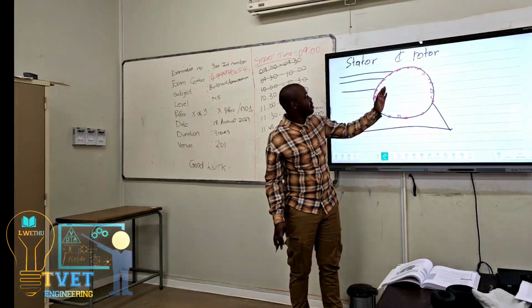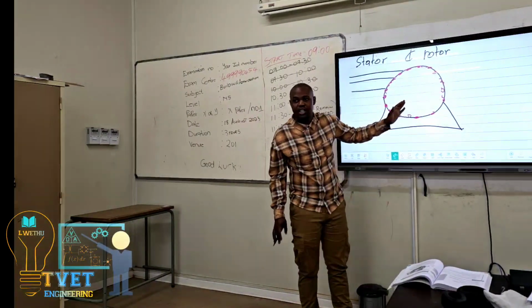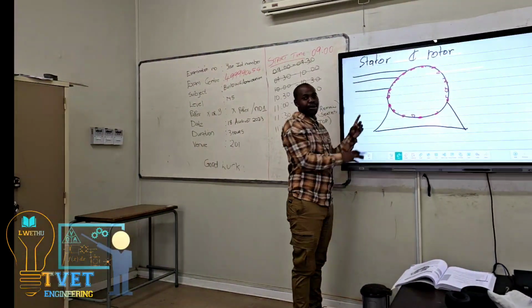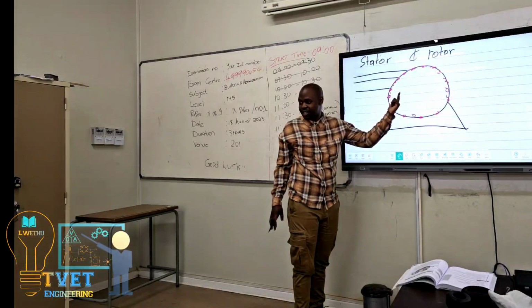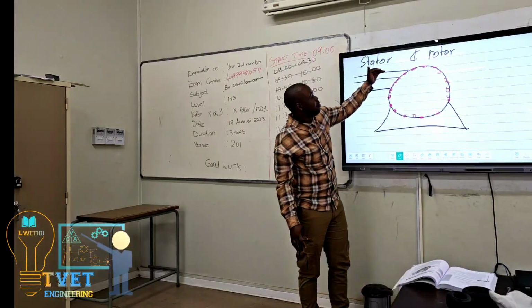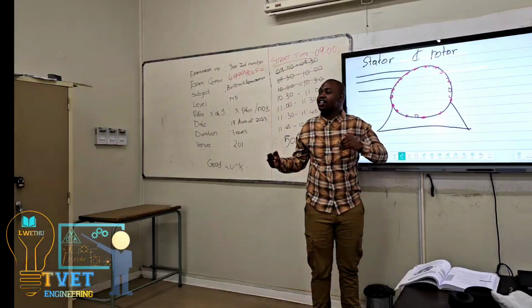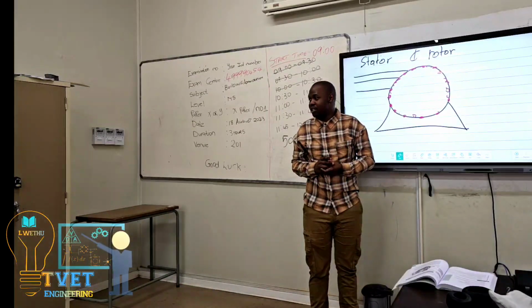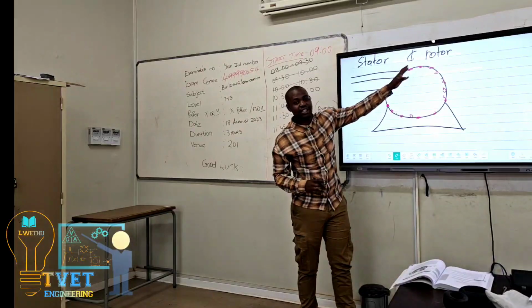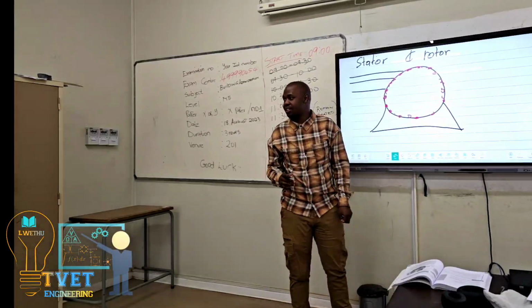The magnetic field rotates because of the three-phase supply, and in three-phase each phase is 120 degrees out of phase. That is what creates the rotating magnetic field.